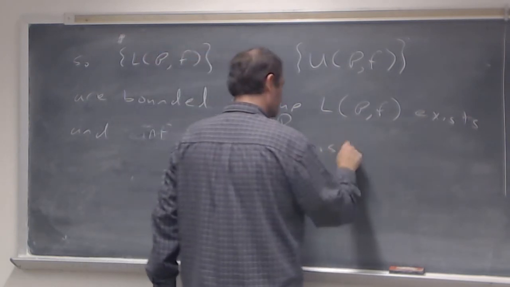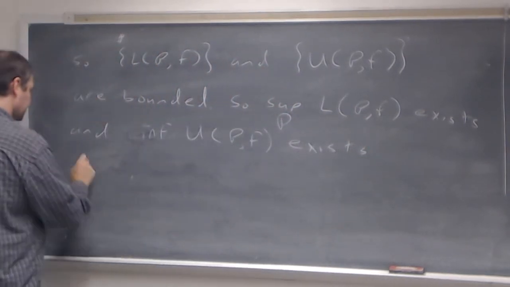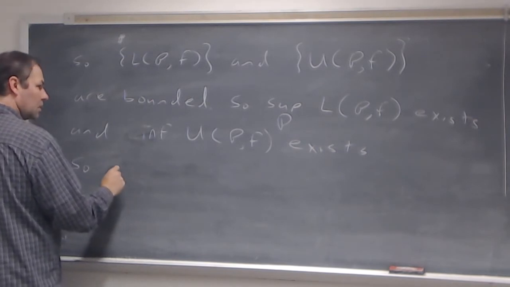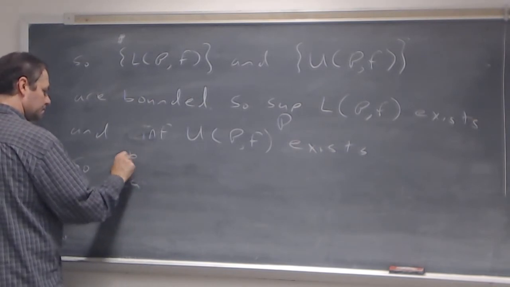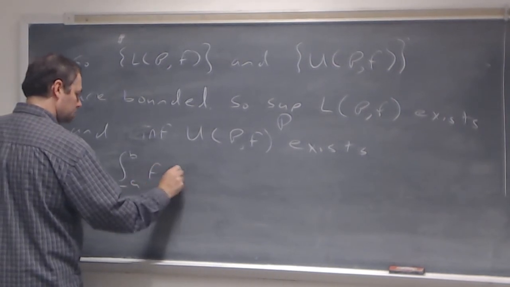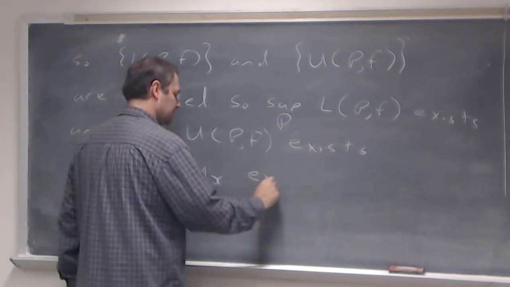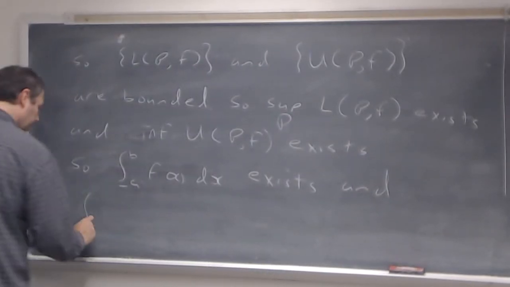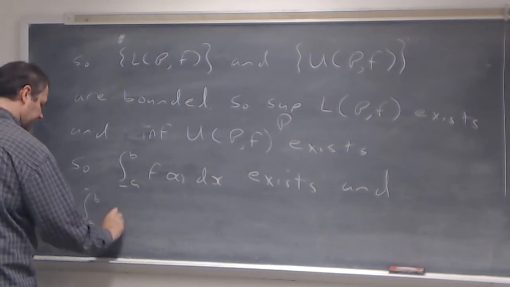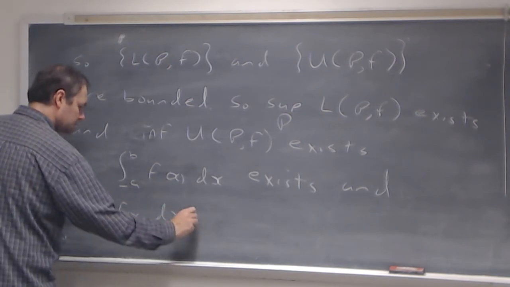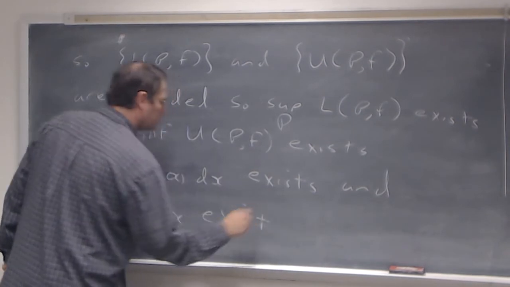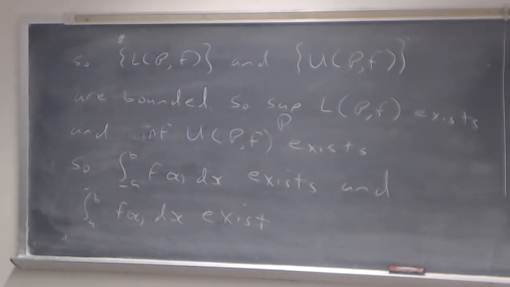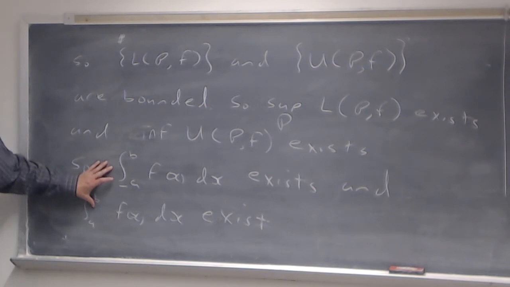And so this lower Riemann integral exists, and the upper Riemann integral exists. So we can talk about the upper Riemann integral and the lower Riemann integral. We just don't know that the function is Riemann integrable, because we don't know if these things are the same.